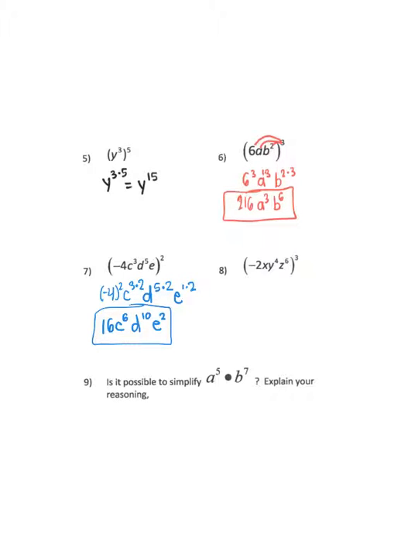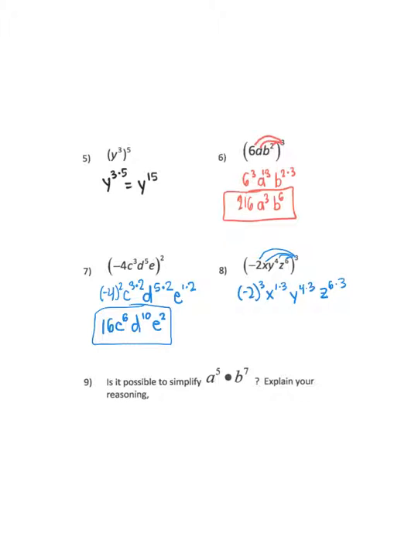Okay, number 8. When I cube each piece in here, I get negative 2 cubed, x to the 1st times 3, y to the 4th times 3, and z to the 6th times 3.